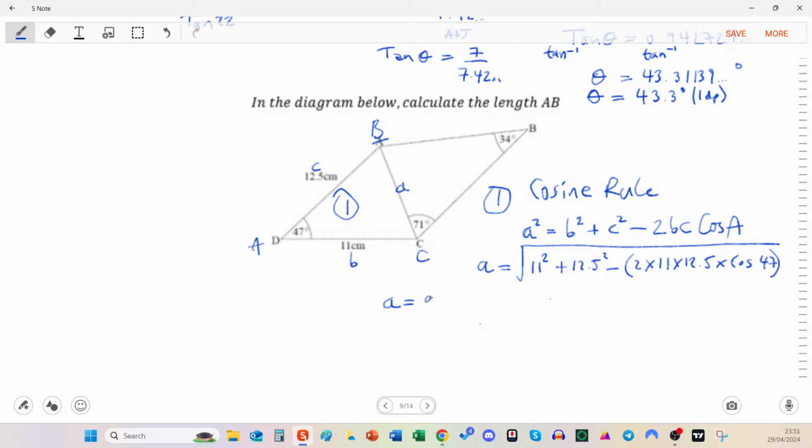And we get 9.47103, etc. This is not the final answer, so we don't need to write it rounded at this stage, but we're going to carry on with it in the calculator. Hopefully it's going to be good for us.